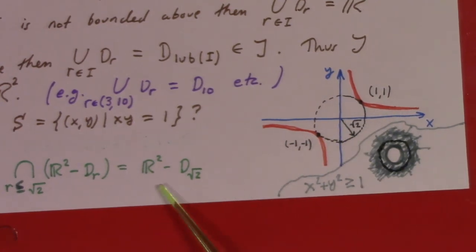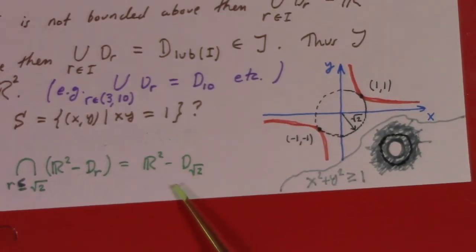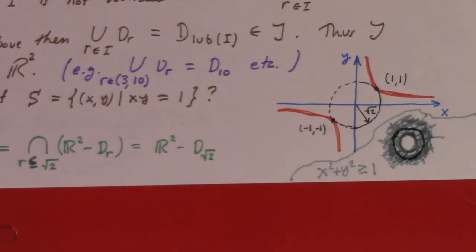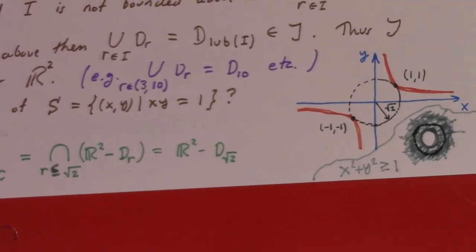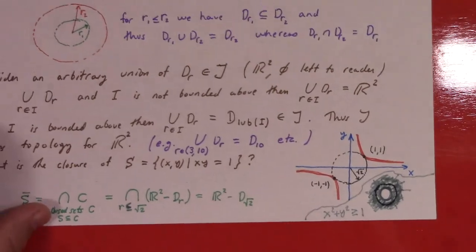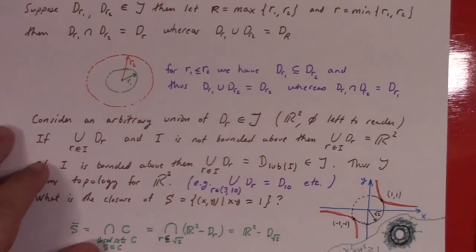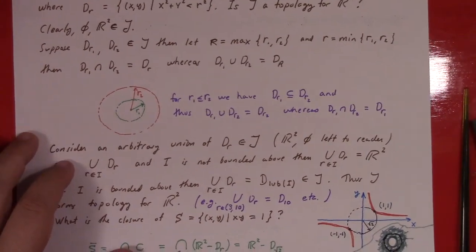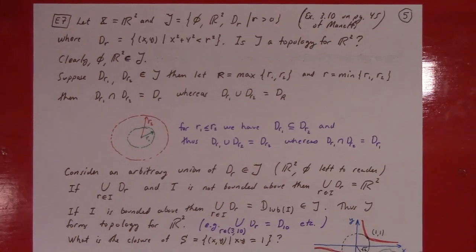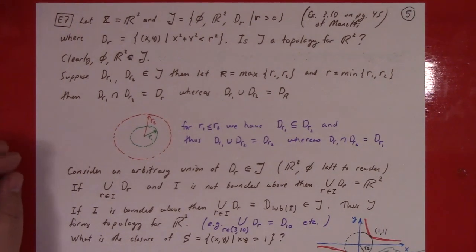So the closure of the hyperbola is actually the plane with the disk of radius the square root of 2 deleted, which to me was both delightful and surprising, and just evidence again that, try as I may, it's really hard for me to free myself of my implicit bias towards the Euclidean topology. It's just ingrained, you know?